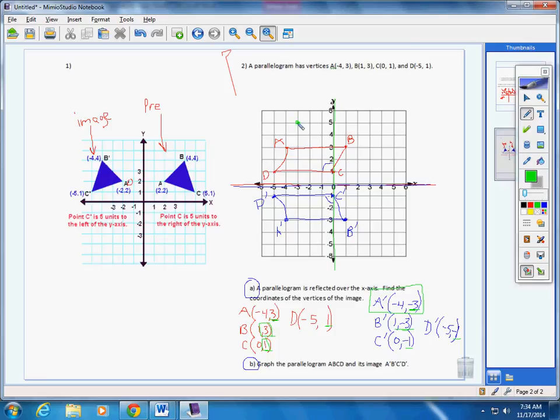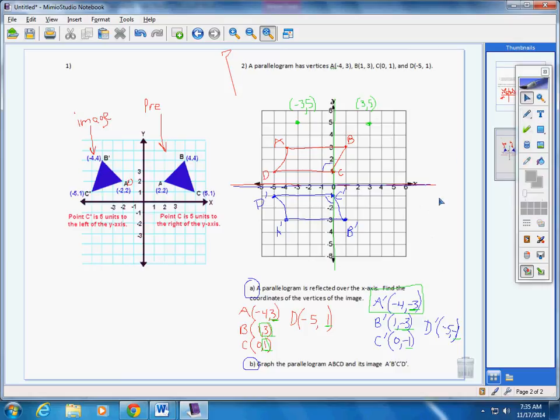So for instance, if you had a point here, negative 3, positive 5, and I asked you to reflect it over the y-axis, you don't need to go 1, 2, 3, 1, 2, 3, and plot your point. You can just say, alright, I'm going over the y-axis, I need to multiply x by negative 1, so my new point better be at 3, 5.